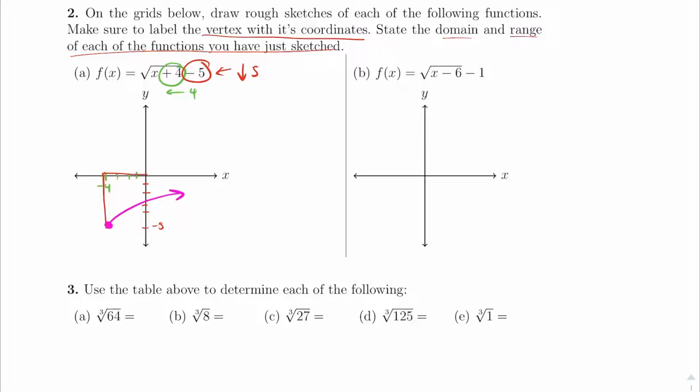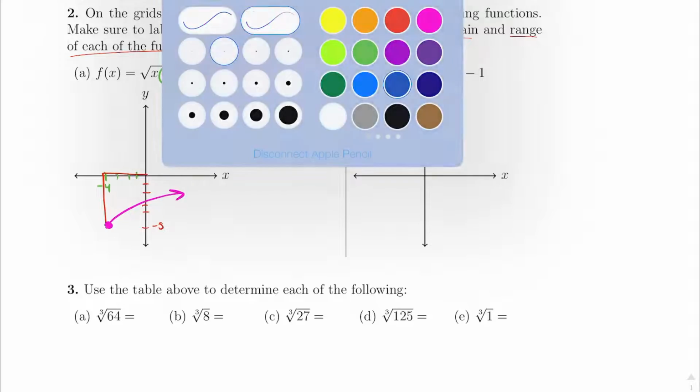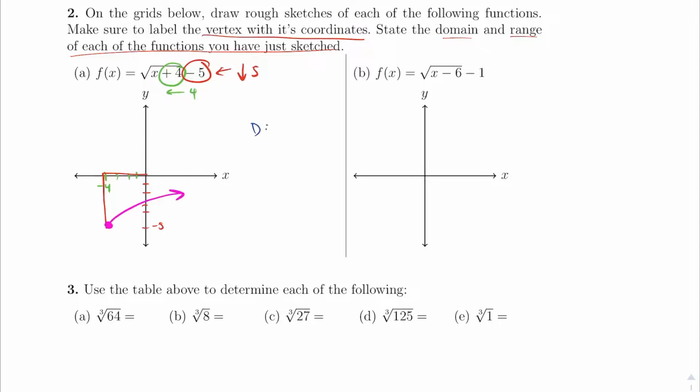Now for our domain and range, the domain is all of the included x values, so you set up the inequality notation, and the range is all of the included y values. Here our domain goes from negative 4 all the way to infinity, there is no end.